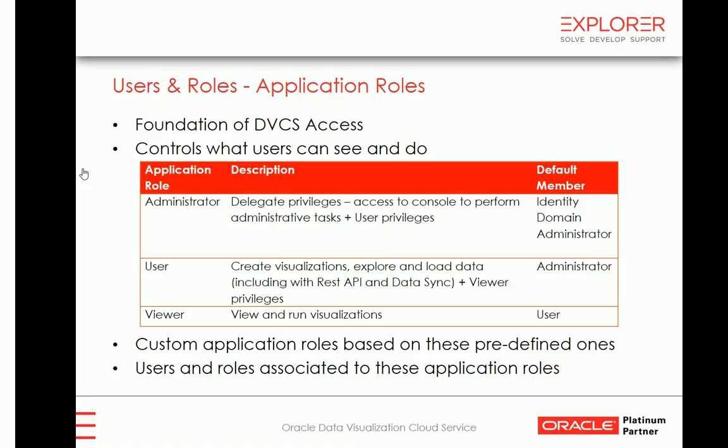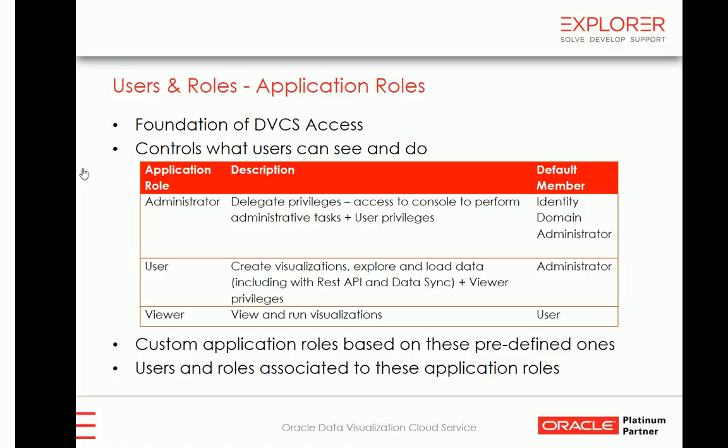So a viewer, the lowest level of those 3, viewer application role or users with it would be able to view and run visualizations. Users with the user application role would inherit the capabilities of a viewer, but additionally they can create visualizations, explore and load their data.